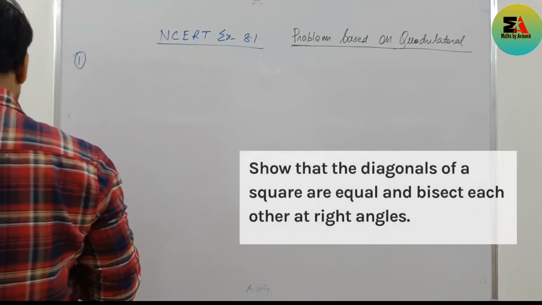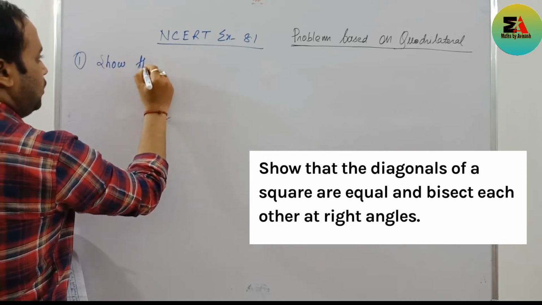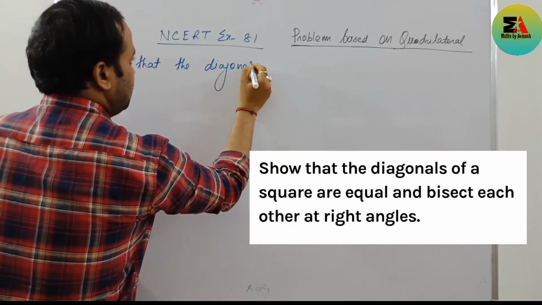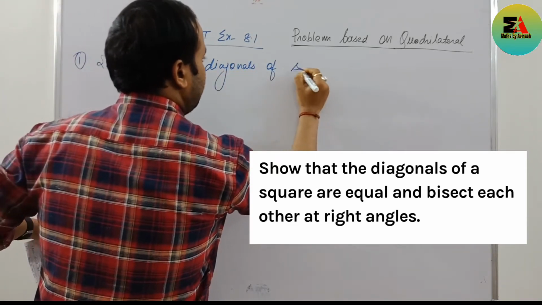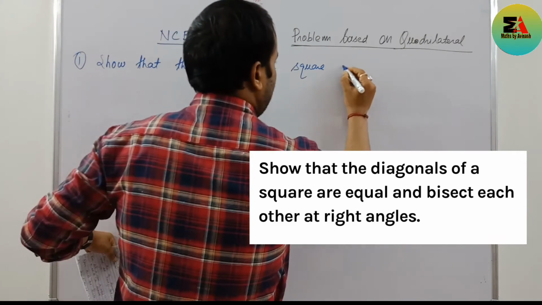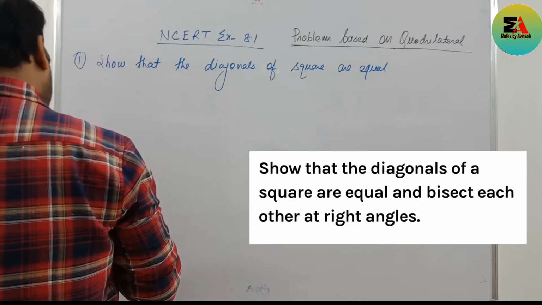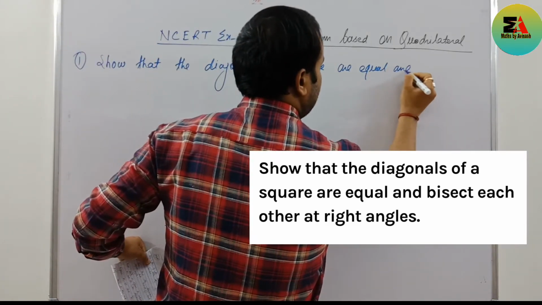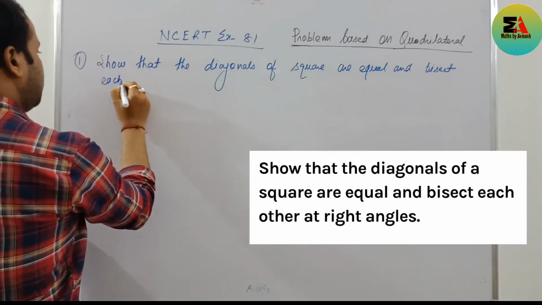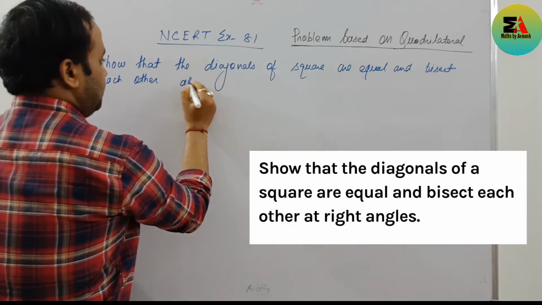Our first problem is to show that the diagonals of a square are equal and bisect each other at right angle.